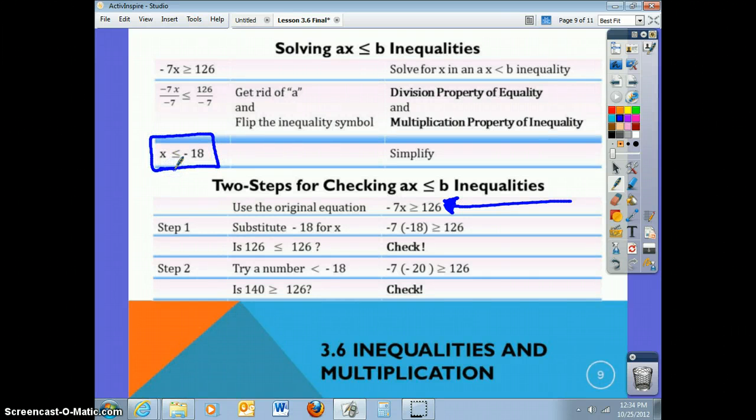Take the first part, x is equal to negative 18, and put it into your original inequality and see what you get. Negative 7 times negative 18 gives me 126. Is 126 greater than or equal to 126? Yes, it is.